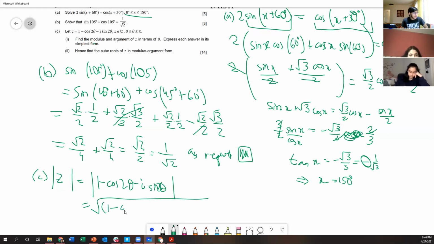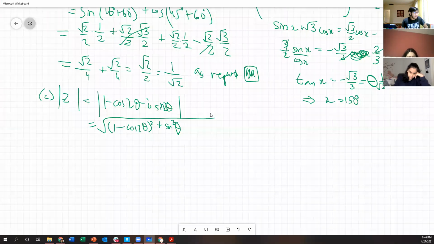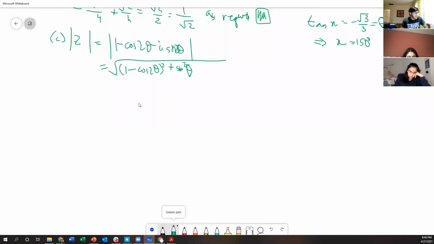Because this will be the square root of 1 minus cos 2 theta, quantity squared, plus sine squared 2 theta. Now, I know how to do algebra very well. I'm not very comfortable with trig identities, but something I am comfortable with is algebra. So let's do algebra. This is going to be a squared minus 2ab plus b squared, which is going to be plus cos squared 2 theta.